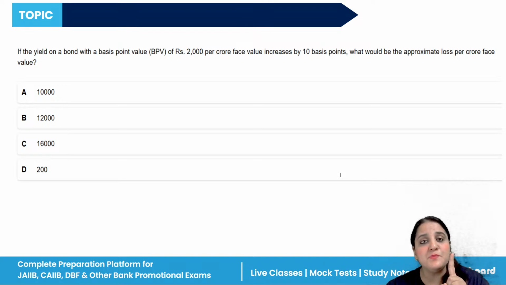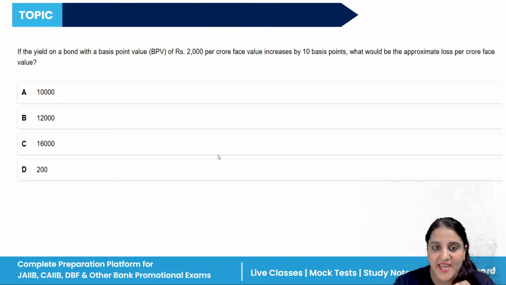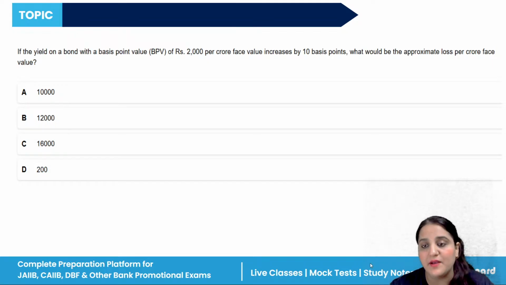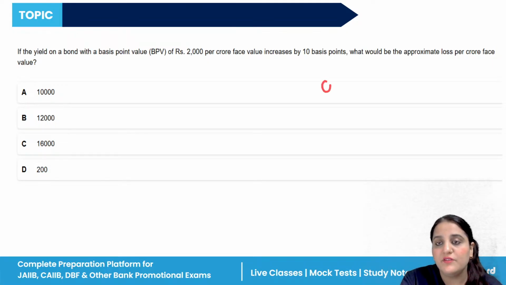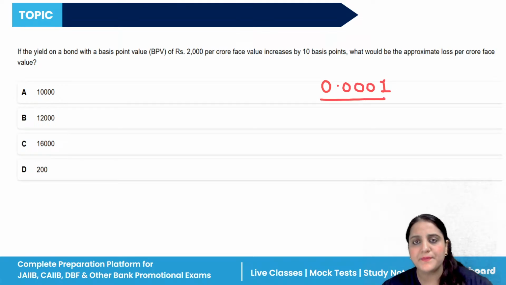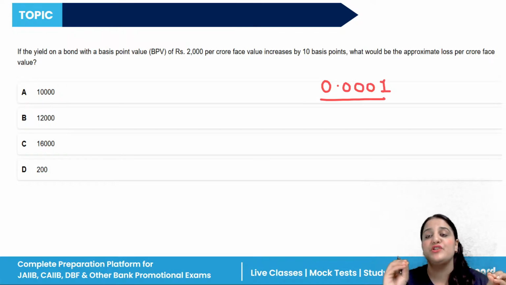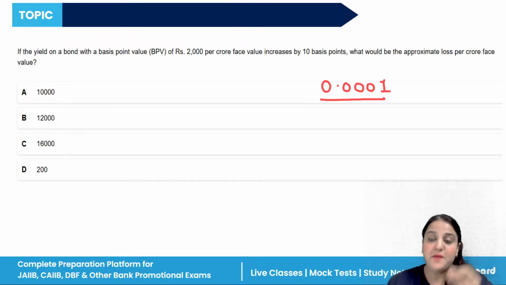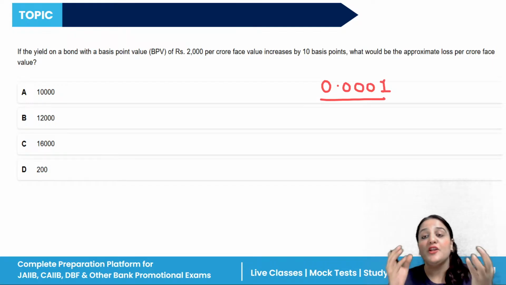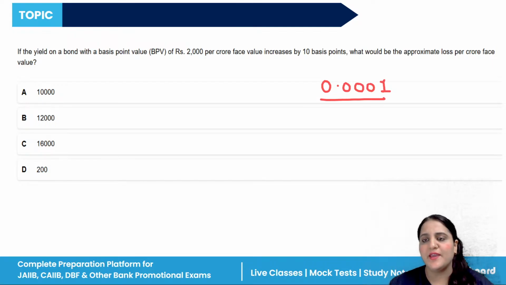Now 1 basis point is equal to 0.01%, and in terms of decimal, that is equal to 0.0001. Basis point value means the monetary change in the bond price for a 1 basis point change in yield.